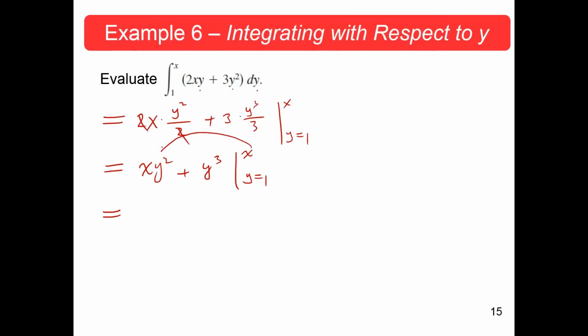So you should have x times x squared plus x cubed, and then plug 1 in for y: x times 1 squared plus 1 cubed.